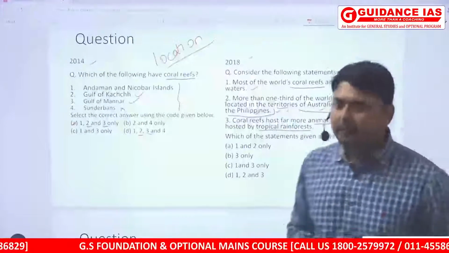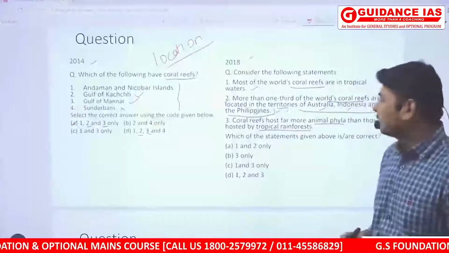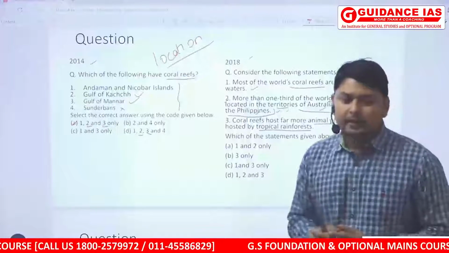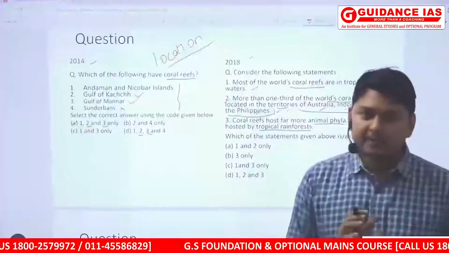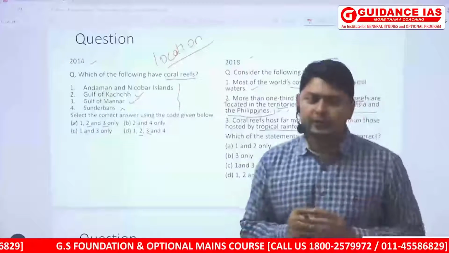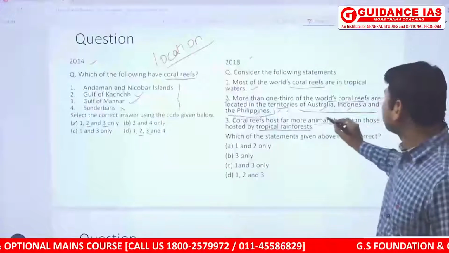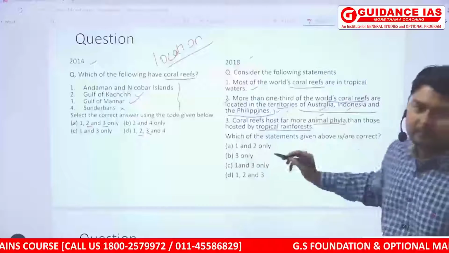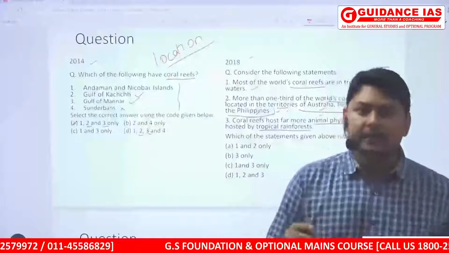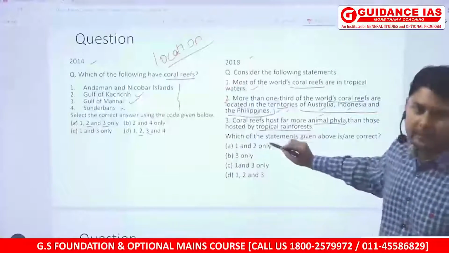Now, the third part of the question is: coral reefs host far more animal phyla than those hosted by tropical rainforest. Here we need some basic understanding of how to approach this question. It is not just asking phyla, it is asking animal phyla, so the organisms which are animals present in greater number compared to tropical rainforests.